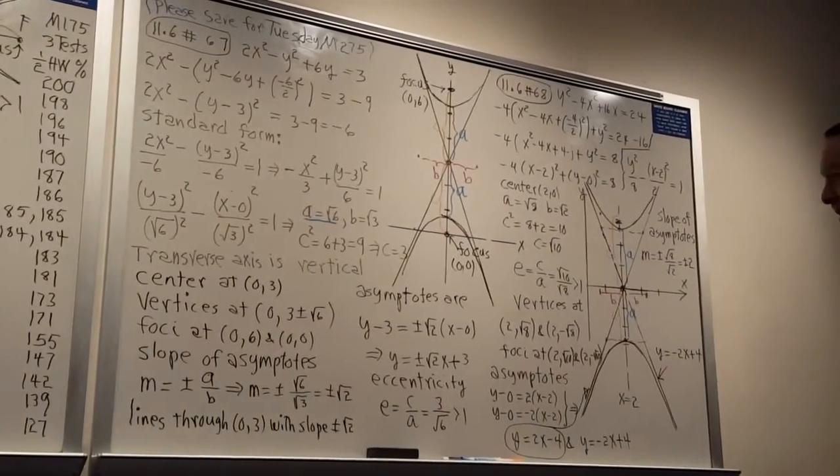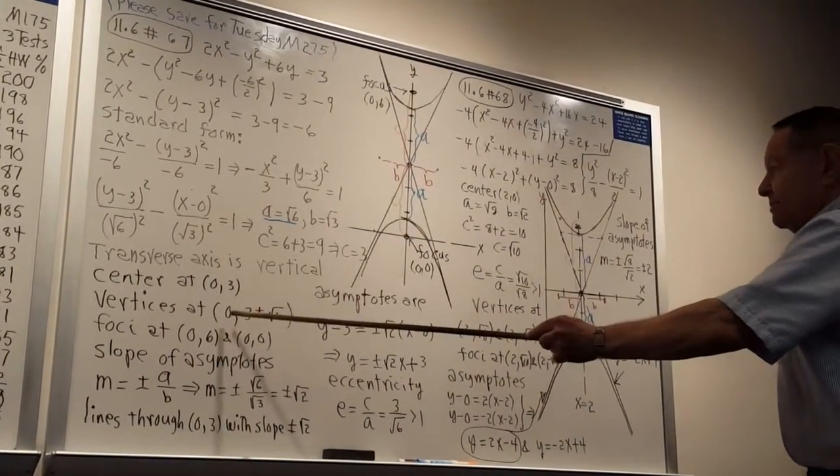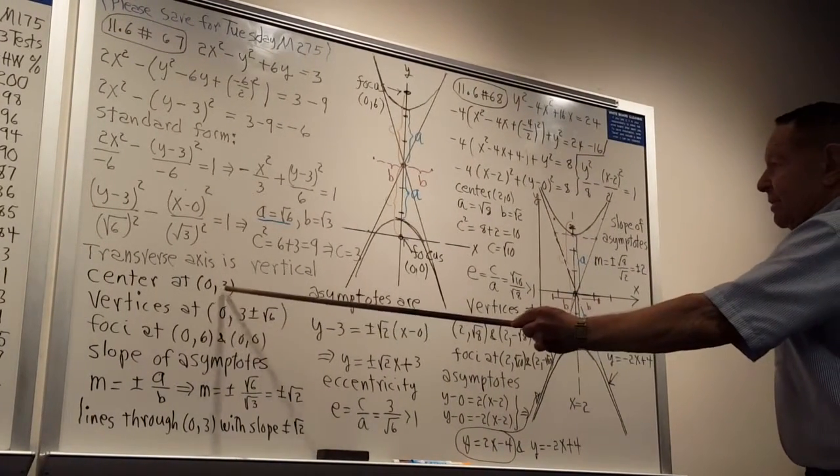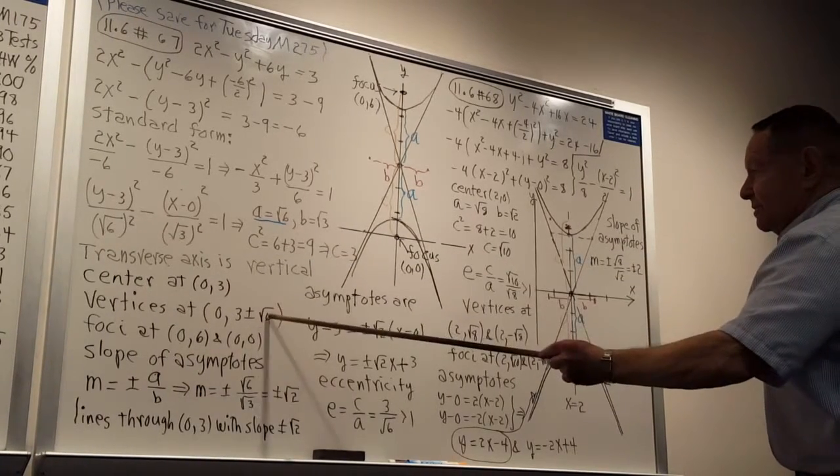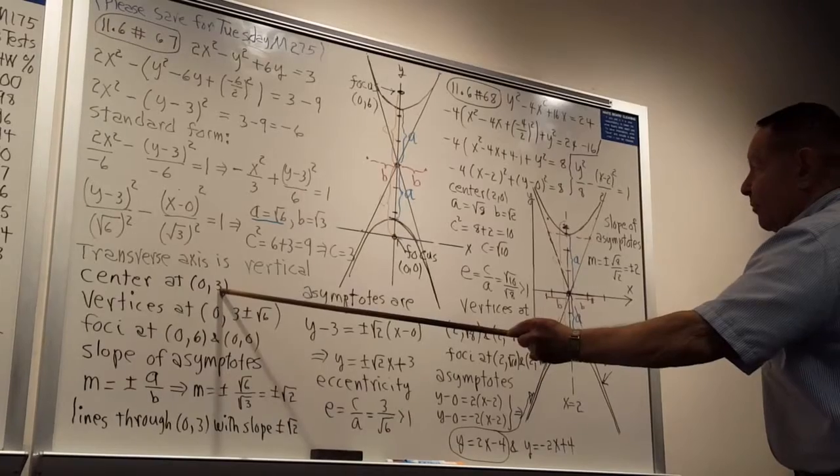So you're going from the center, the A, which is root 6, either up or down.